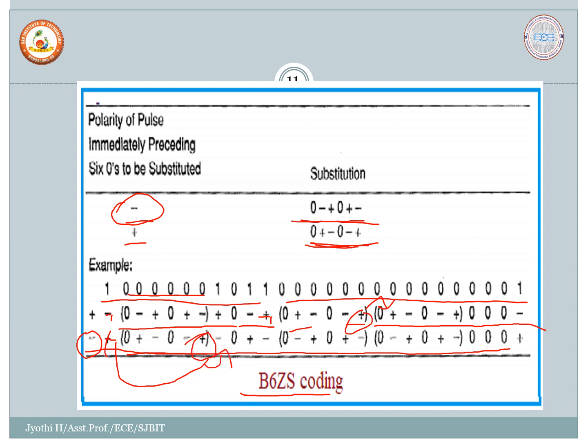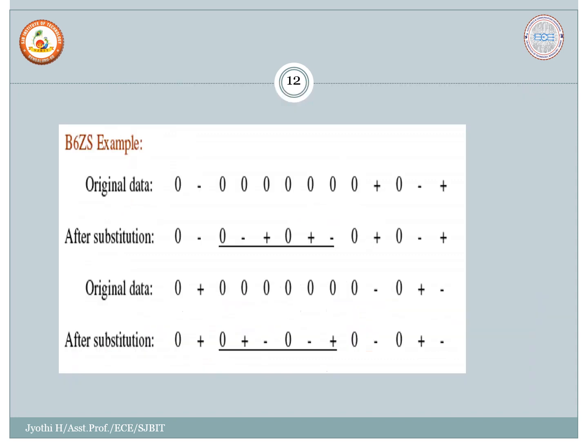This is going to follow the bipolar rule. This becomes negative. 0 plus minus 0 minus plus 0 plus minus, and 0 minus plus 0 plus minus, and 0 0 plus. So this is an example of B6ZS line coding.